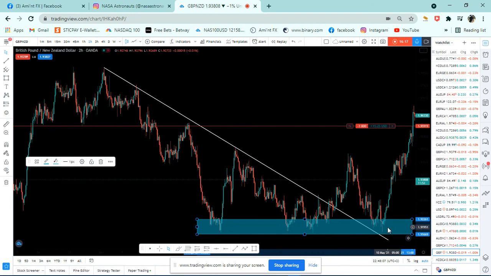But if it breaks the previous low, then it will be true to say that this was a fake breakout, and maybe the banks or these financial institutions just wanted to clear some retail traders out of the market. So this is what happens with this trade.